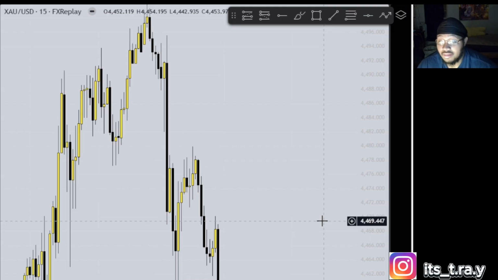And then something I struggled with was basing whether or not I was a good trader on how many trades I lost and how many trades I won. Guys, when it comes to trading, what matters is not your take profit or how many trades you won or how many trades you lost.